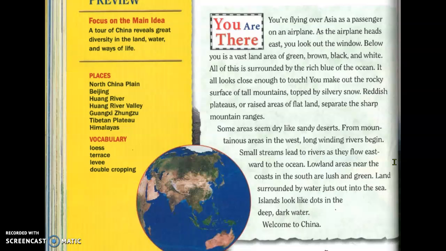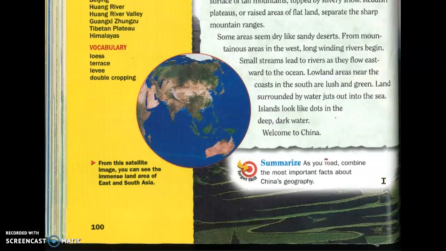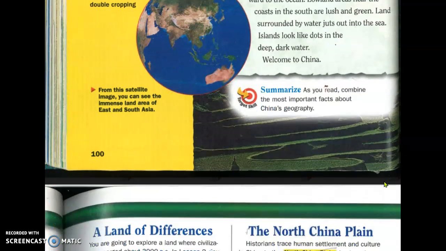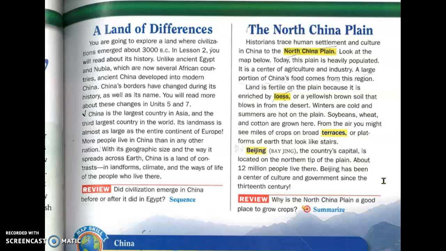Target skill. Summarize. As you read, combine the most important facts about China's geography. A land of differences. You are going to explore a land where civilizations emerged about 3000 BC.